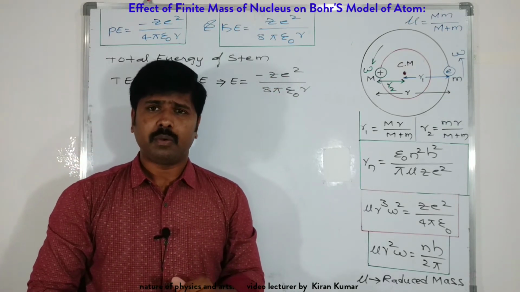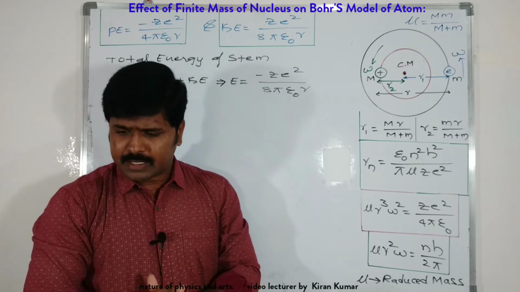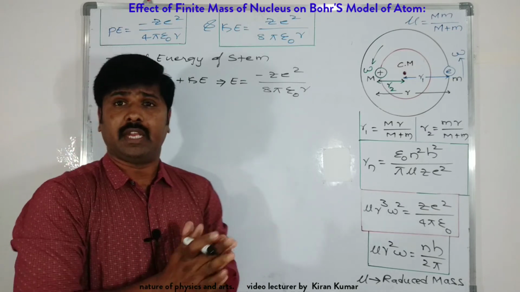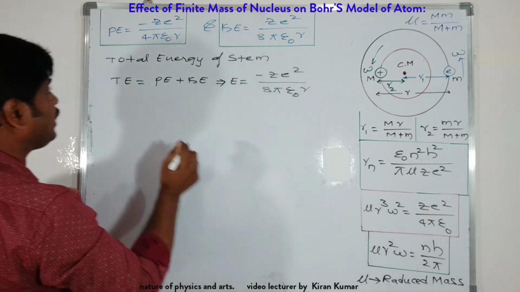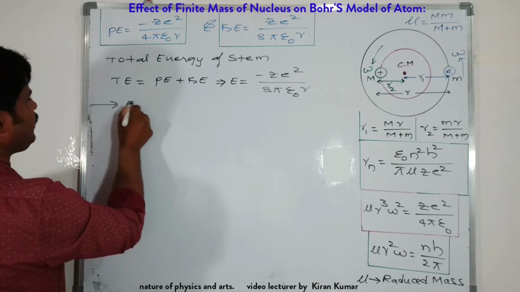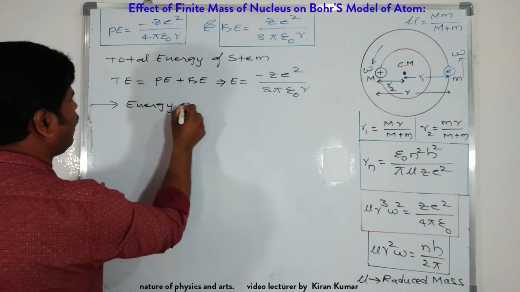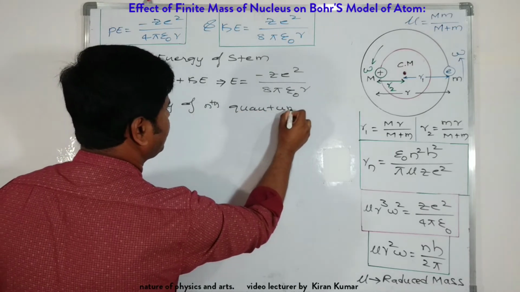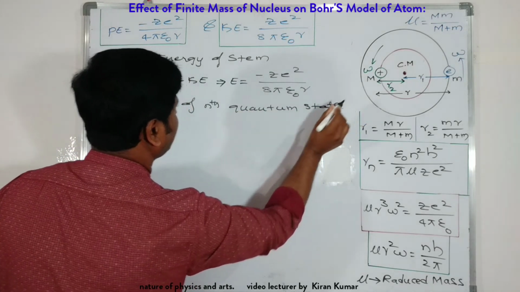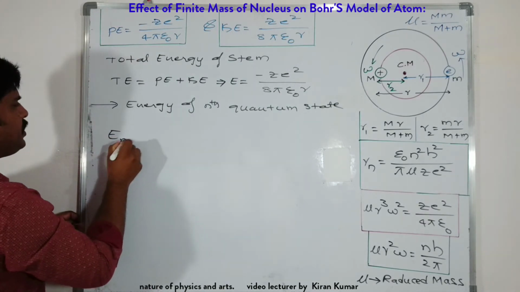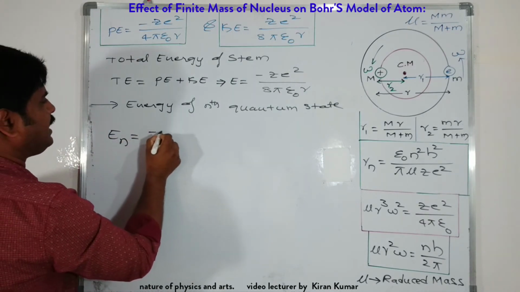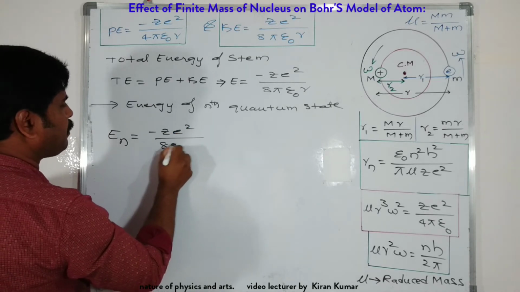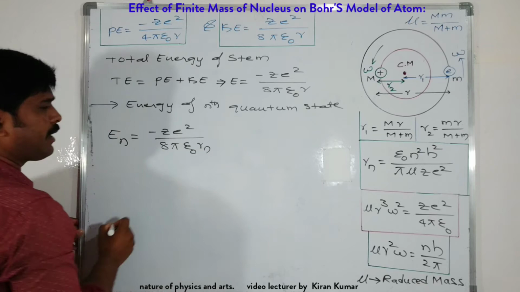So continuing, we can discuss the energy of the nth quantum state. En is equal to minus Z e square divided by 8 pi epsilon naught Rn.